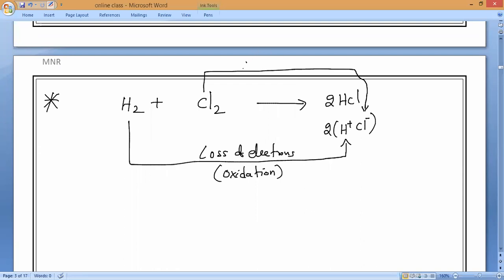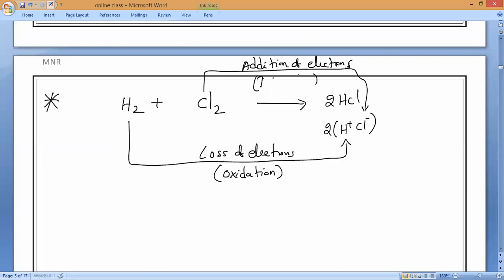Addition of electrons. Those who are communicating and speaking will do best in the exam, I am not joking. So addition of electrons is called reduction.